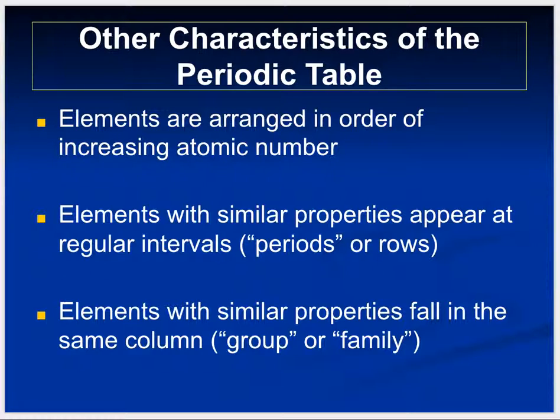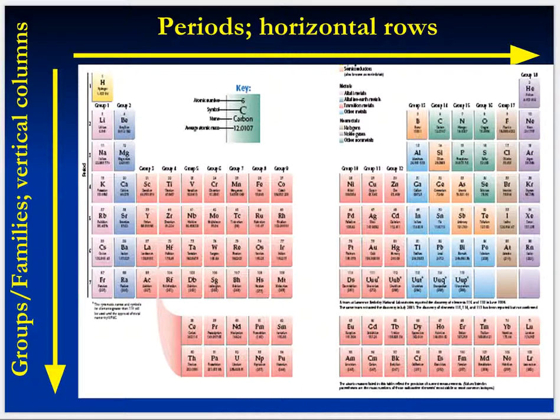So looking at a periodic table, we have these that come across here that are called the periods. The periods are the horizontal rows, and there are 7 periods that go down. When you look, there are 2 elements in the first period. There are 1, 2, 3, 4, 5, 6, 7, 8 elements in the second and the third period.